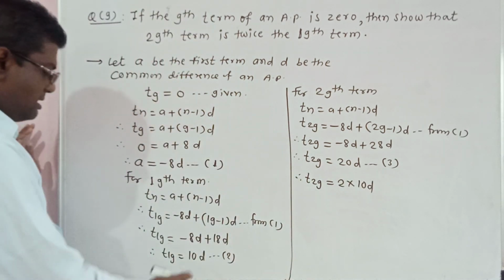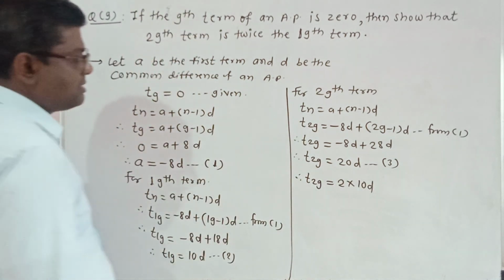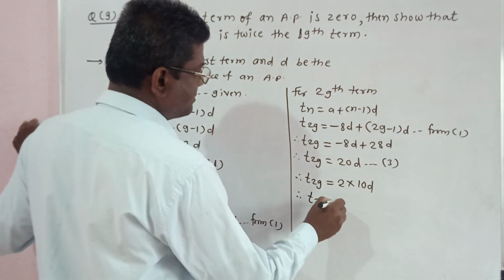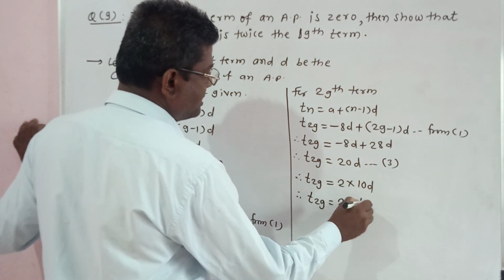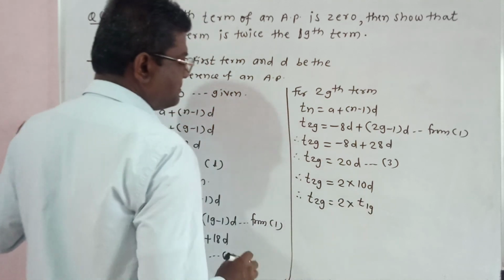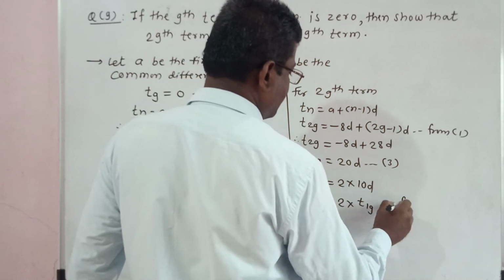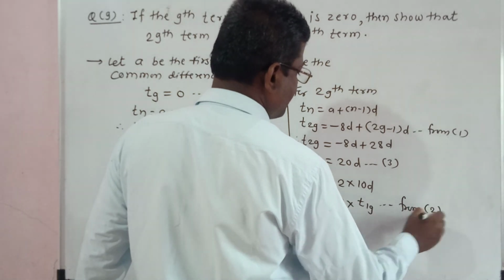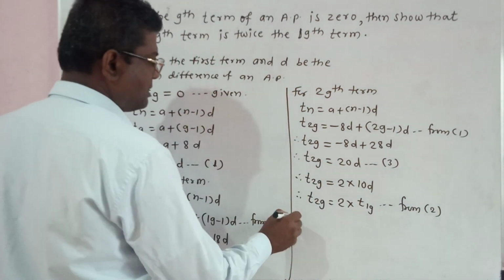But this 10D is equal to T19. Therefore T29 is equal to 2 into T19. Reason is from equation 2.